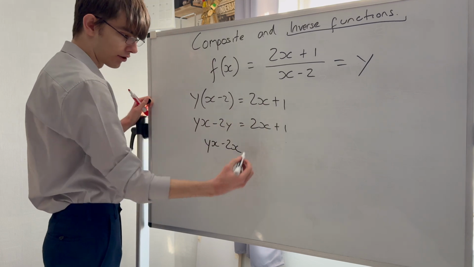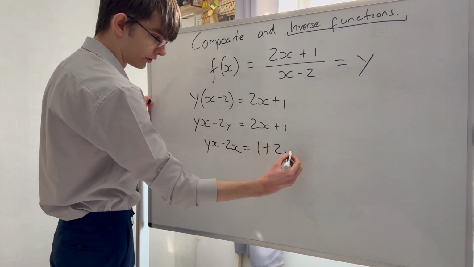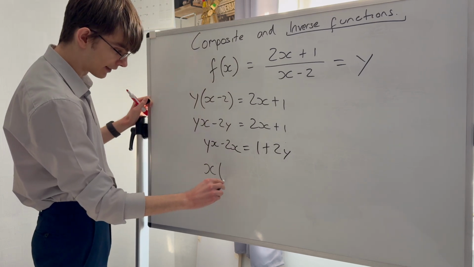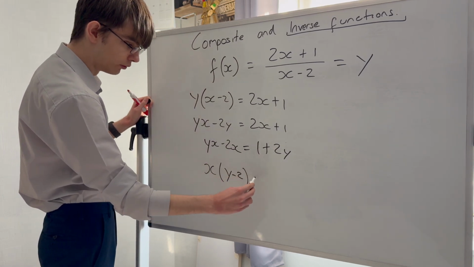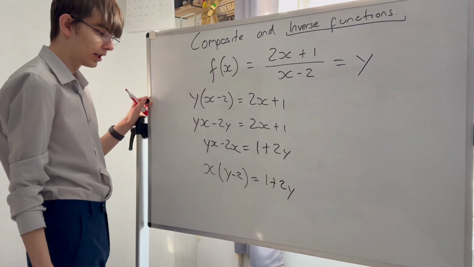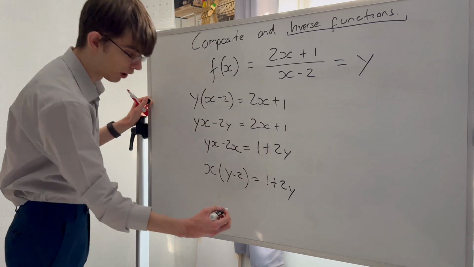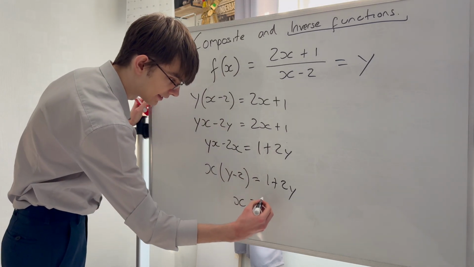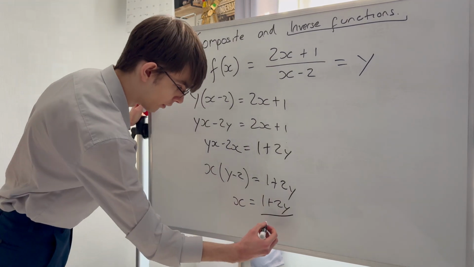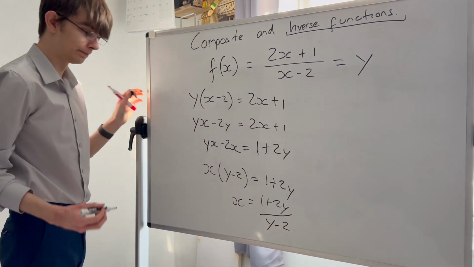Let's add this 2y, 1 plus 2y. Factor out my x. I get x times y minus 2 equals 1 plus 2y. And hence, dividing by the y minus 2, my x is equal to 1 plus 2y over y minus 2.